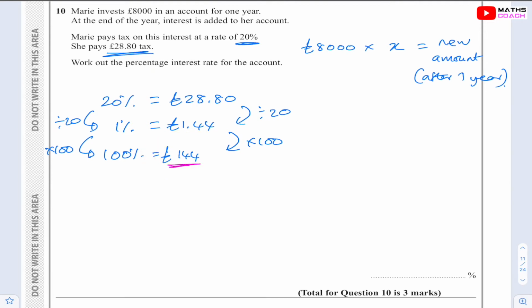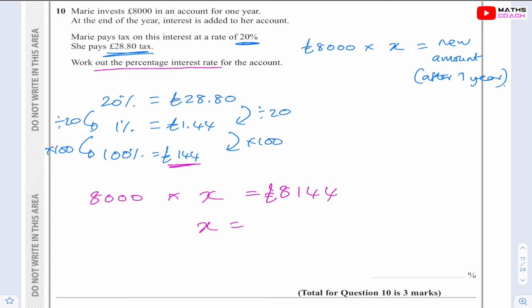So if we now add this amount of £144 at the end of the year to her £8,000, we get the new amount. So therefore 8,000 times by X is equal to £8,144. Now we can work out the multiplier because the question says work out the percentage interest rate for the account.